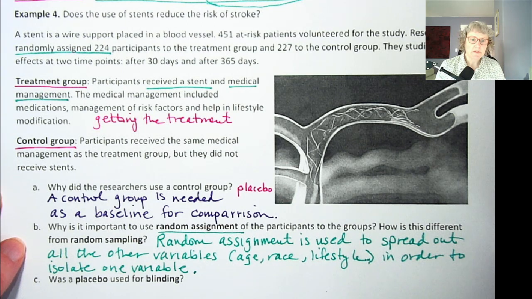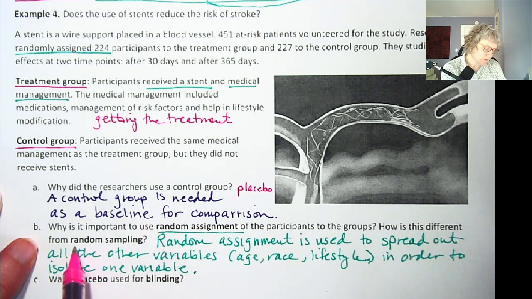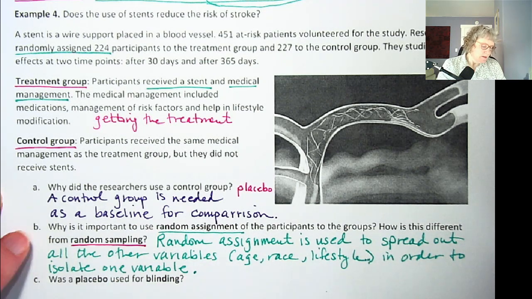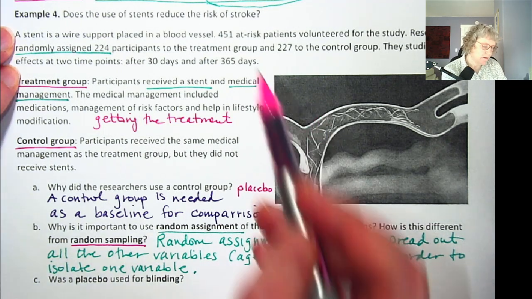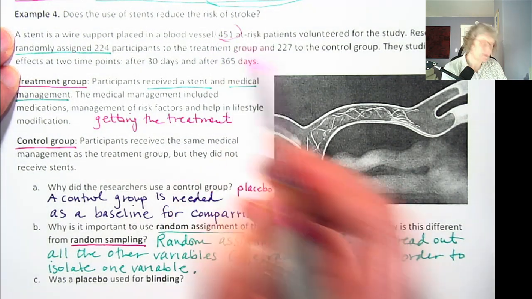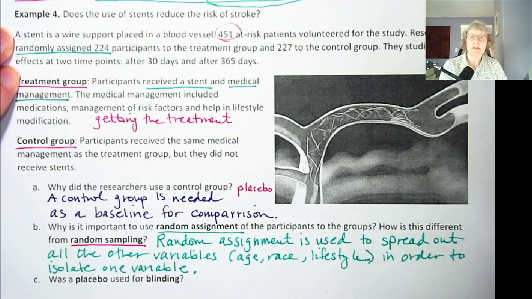Okay, now in a previous video we were talking about random sampling, and sometimes these two get mixed up. The other part of the question is, how is this different from random sampling? So in an experiment like this, we often have a certain group of patients, right? And they're recruited, they need to meet certain qualifications. Are you at risk for this, but are you not too much at risk?